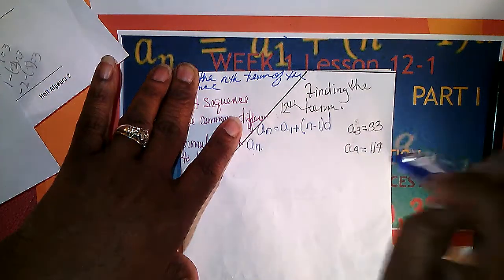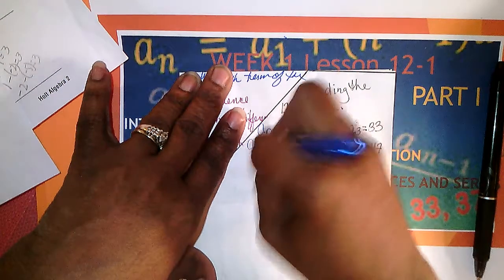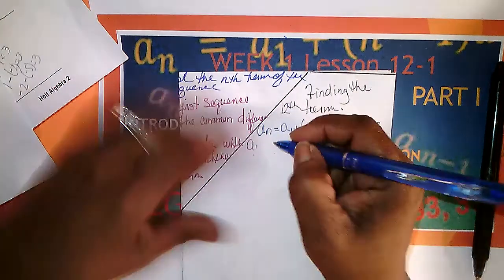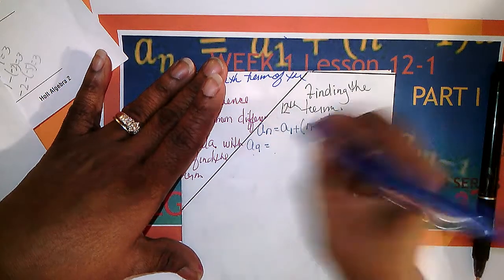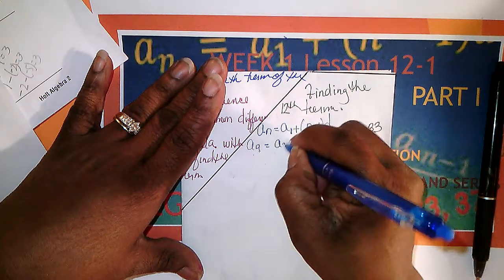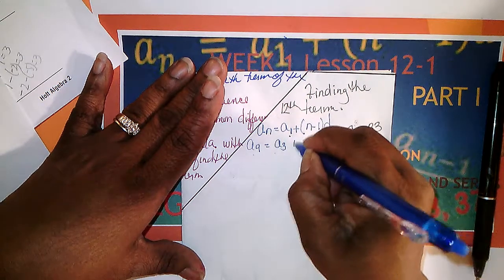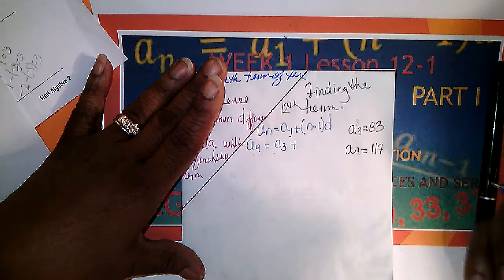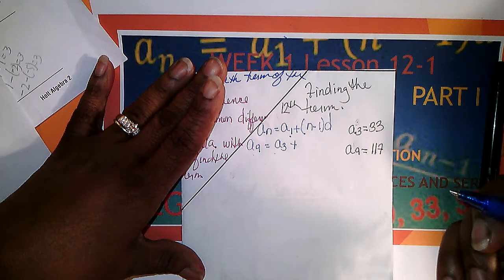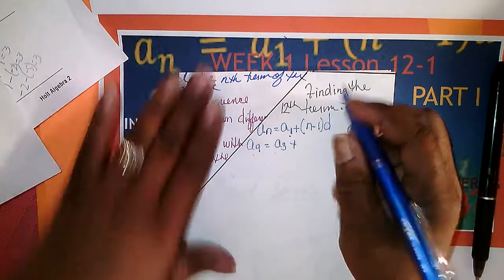We said a(n) equals a9, so that would make this a9 equals a1, which is the first term, plus, and n equals 9.